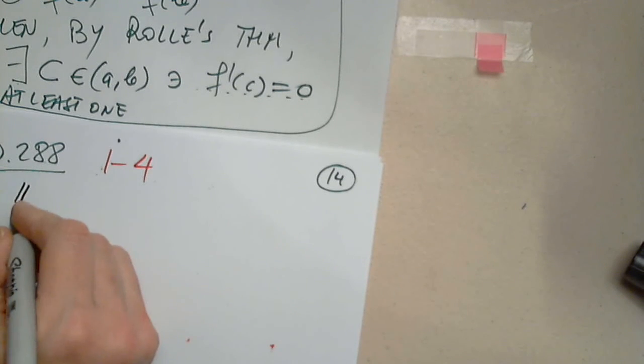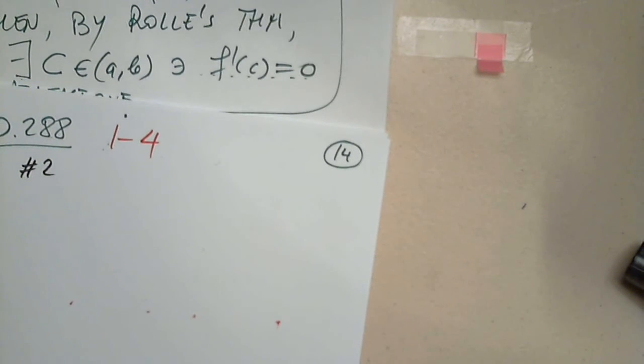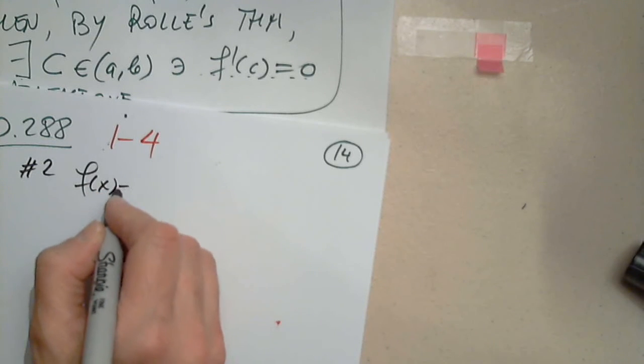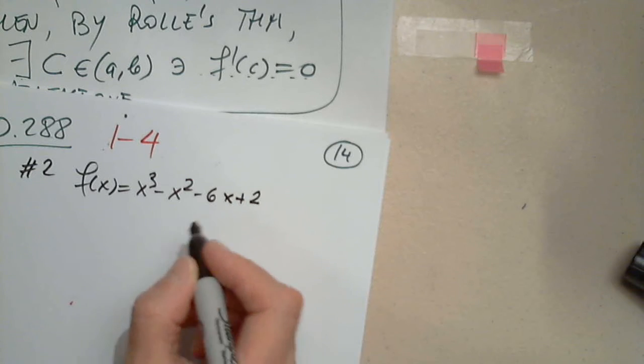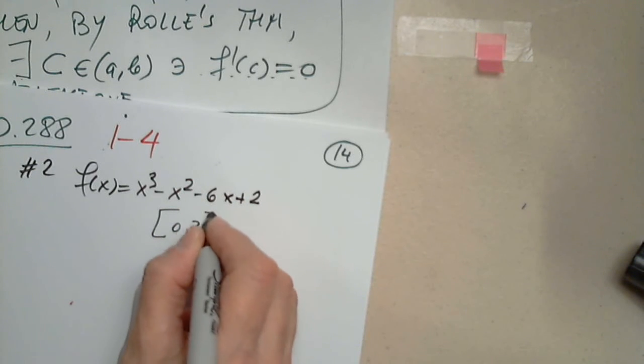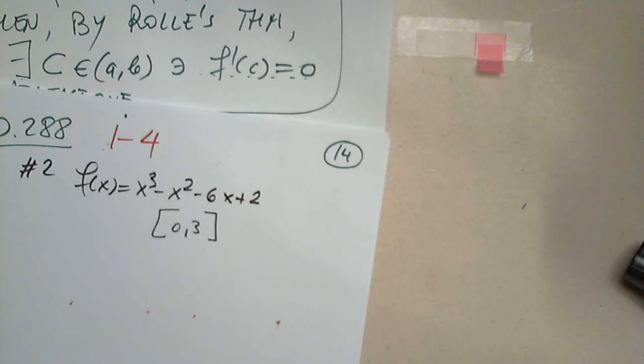Okay. I chose 2. So f of x equals x cubed minus x squared minus 6x plus 2. The interval is given to us. Verify that the function satisfies the three hypotheses of Rolle's theorem on the given interval. Then find all numbers c that satisfy the conclusion of Rolle's theorem.